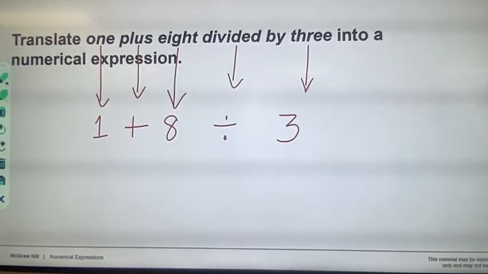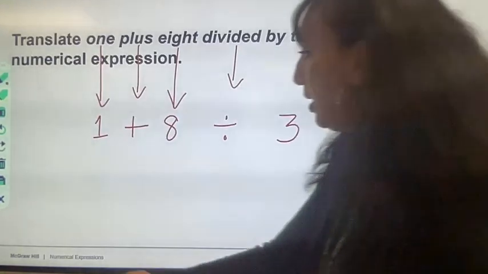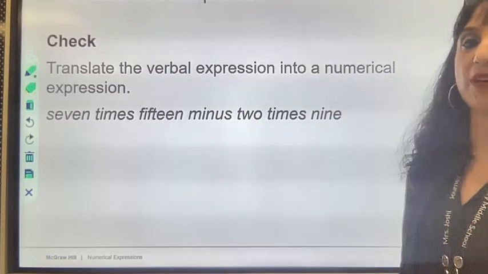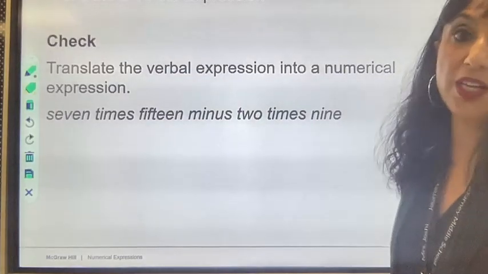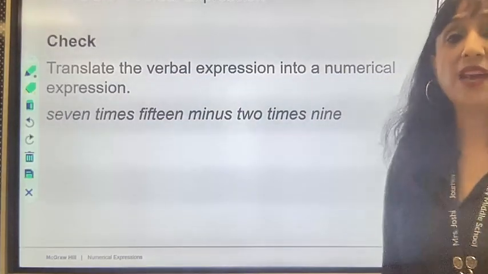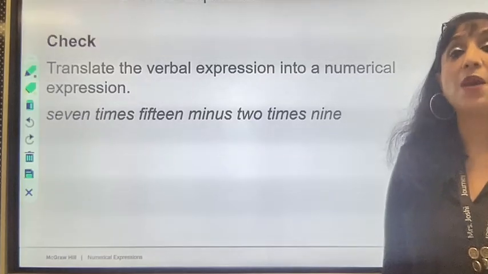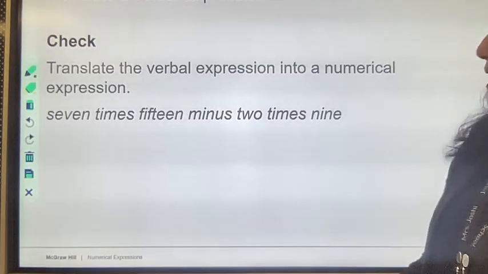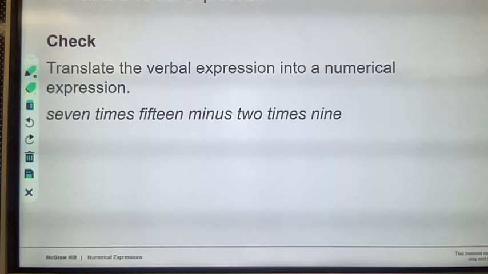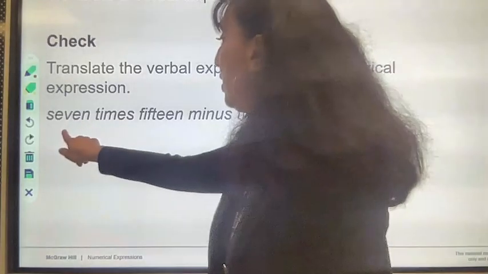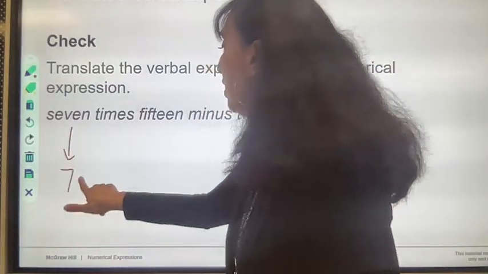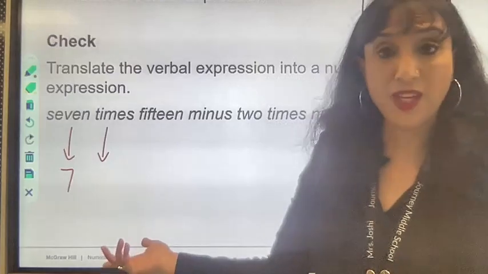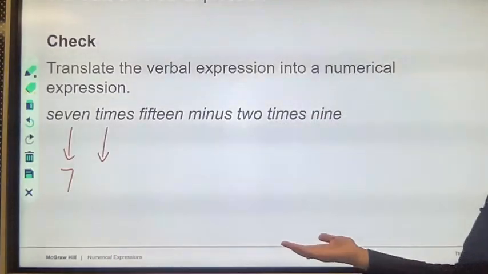So let's try another one. So here's another one, which is translate the verbal expression into a numerical expression. It's saying 7 times 15 minus 2 times 9. So again, I am going to write this out as an expression. So this over here, this is 7 times, you can write all those different methods of multiplication that I had just shown you.